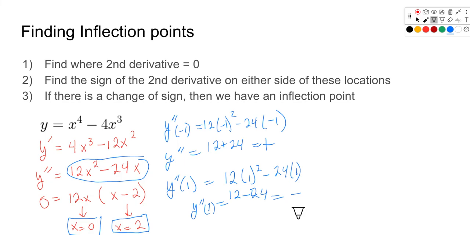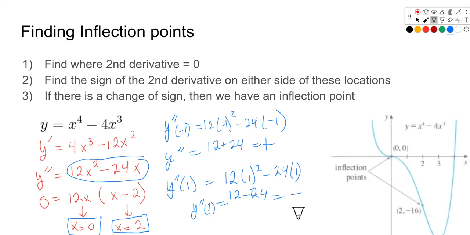And then I could do this with 2 to figure out whether that's an inflection point. I think you'll see it is. The other thing I could do is just look at the graph, and it certainly looks like we've got inflection points at 0, and we have another one at 2, because we can see it going from concave down to concave up.